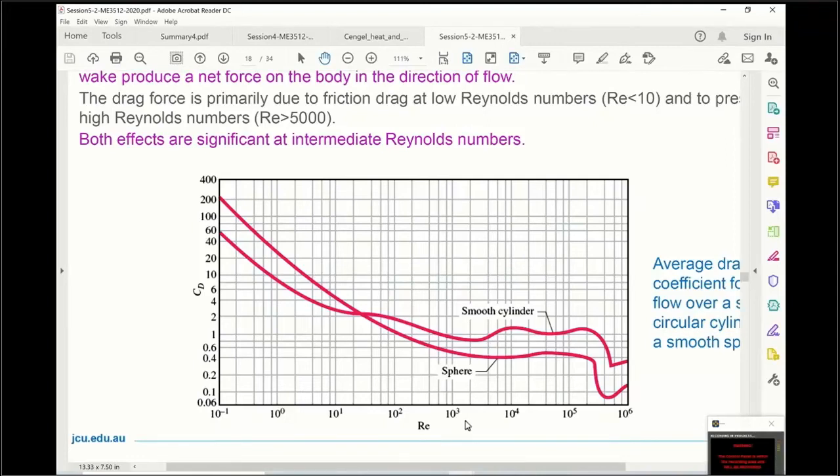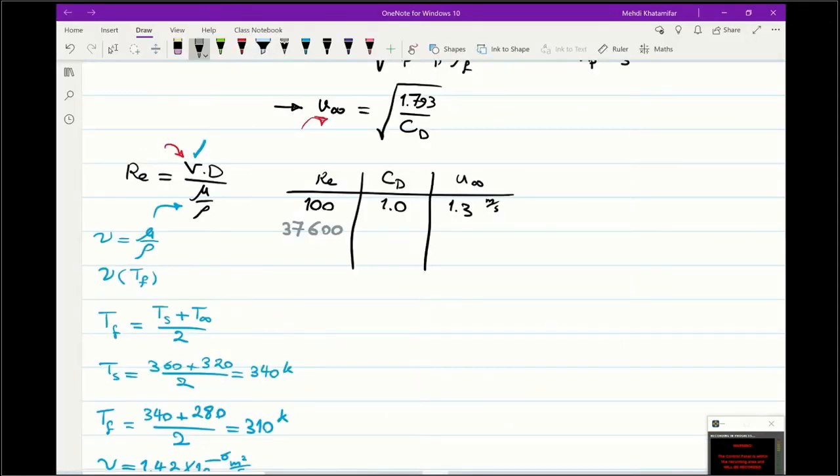It's almost 40,000, so 10 to the power 4, this is 20, this is 40, it's about here, so it is going to be almost 0.4. So with this Reynolds number, the drag coefficient is going to be 0.4. Now I found the drag coefficient.